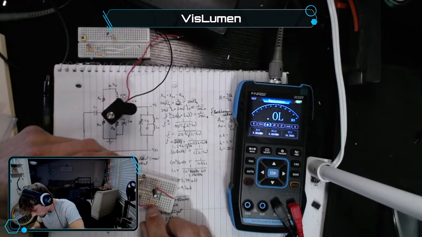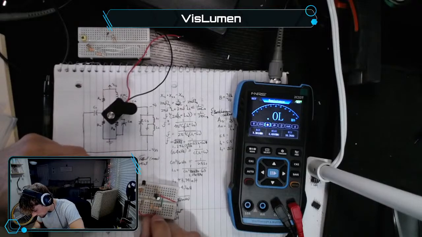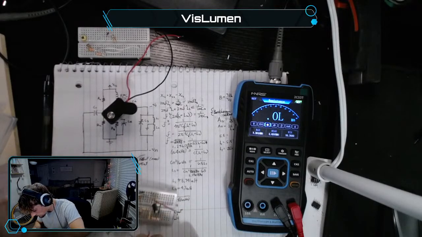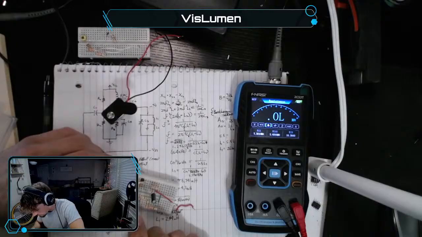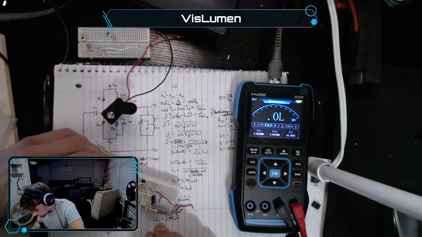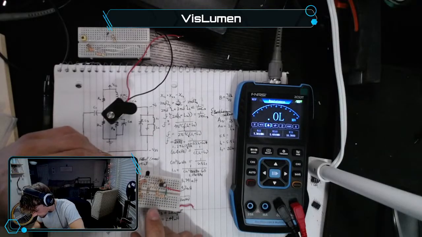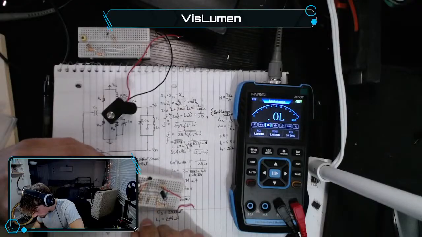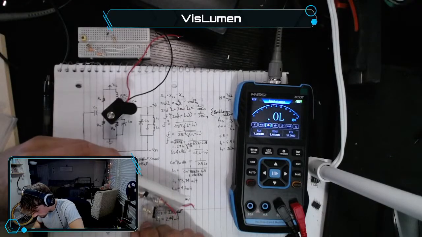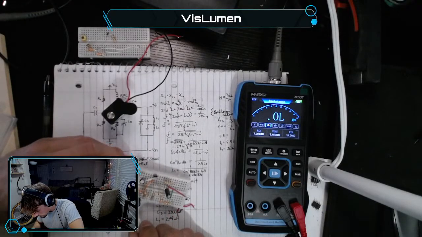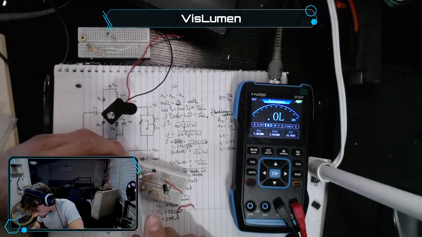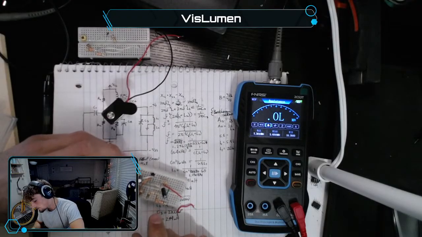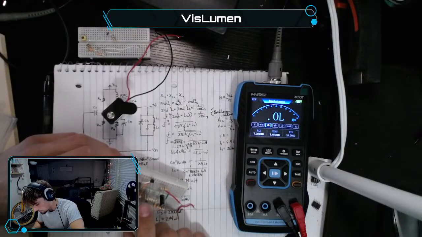He's connected here. Yeah, that's a part of that. Goes to the 68. That goes to the base, to set up the voltage divider.